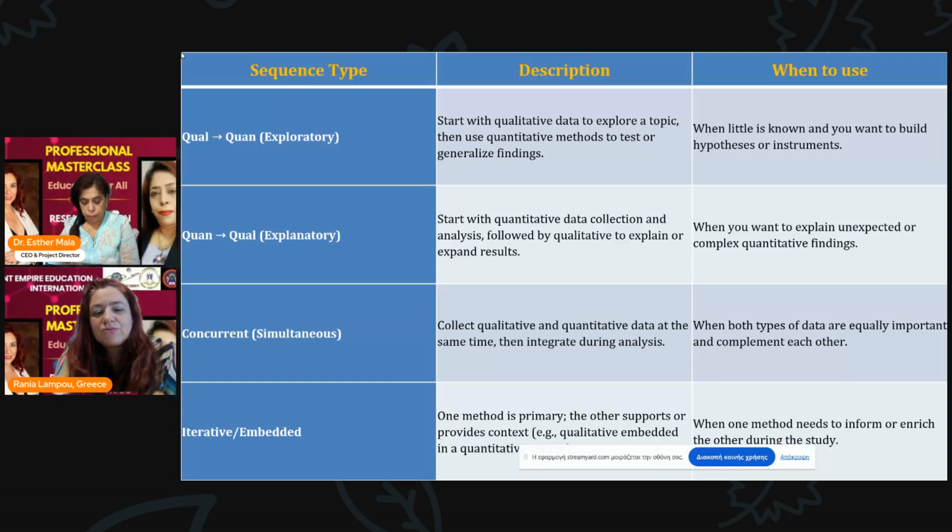With simultaneous sequence type, we collect qualitative and quantitative data at the same time, both. Then we integrate during analysis. And for iterative, one method is primary, the other supports or provides context. For example, qualitative embedded in a quantitative survey.